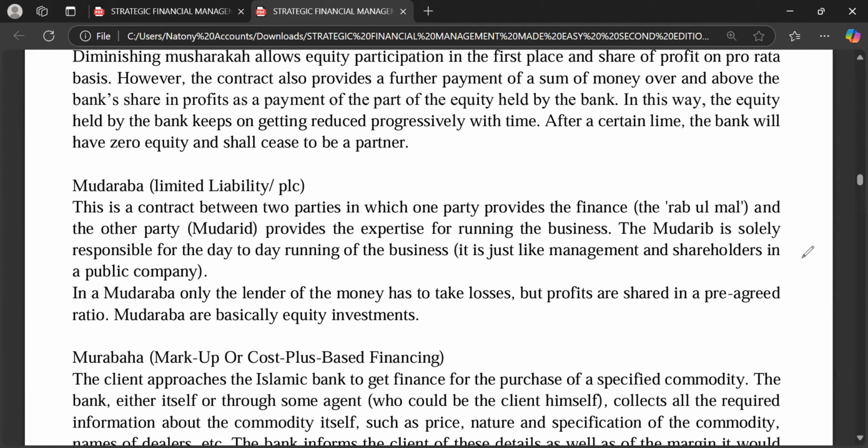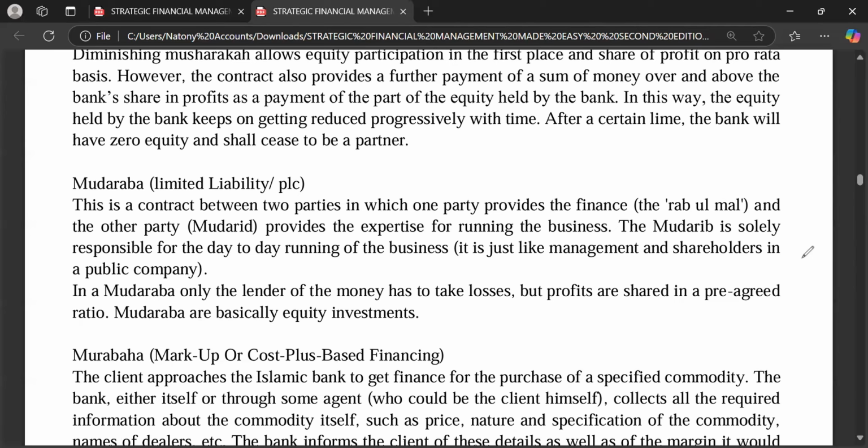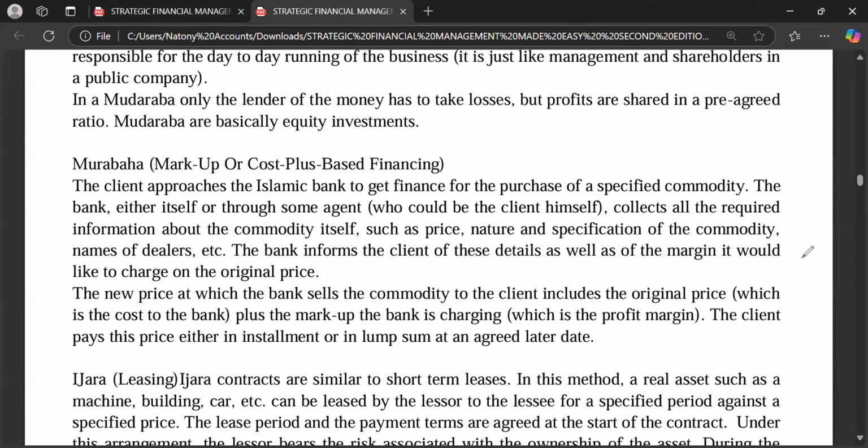That is the mudaraba. Then the murabaha: these first two that I just mentioned are equity financing, while this is more like trade credit or a financing operation. So murabaha is a situation whereby a company finances its operation using the Islamic bank. What the Islamic bank does is to help the company buy that commodity.